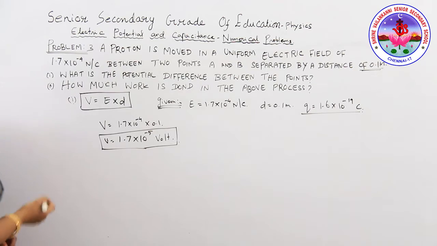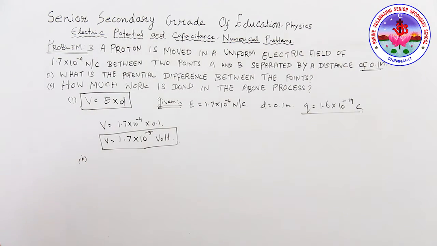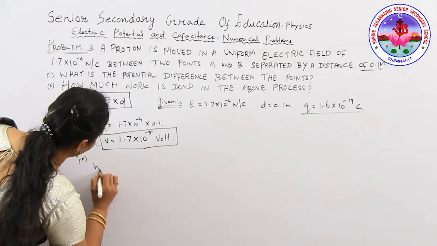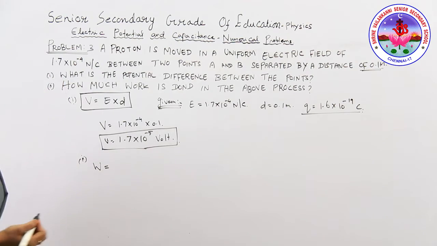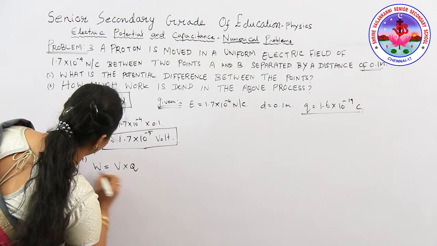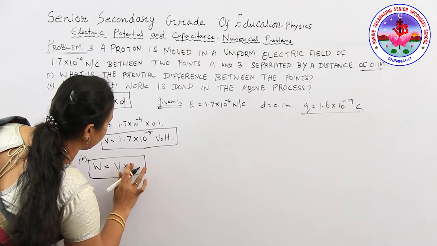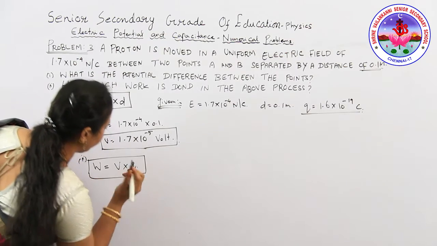The second question they have asked: how much work is done in the above process? Here you have to write W, work done, which is equal to, what is the formula? Yes, V into Q. Or you can write the small letter q, you can take it as Q, both you can take.